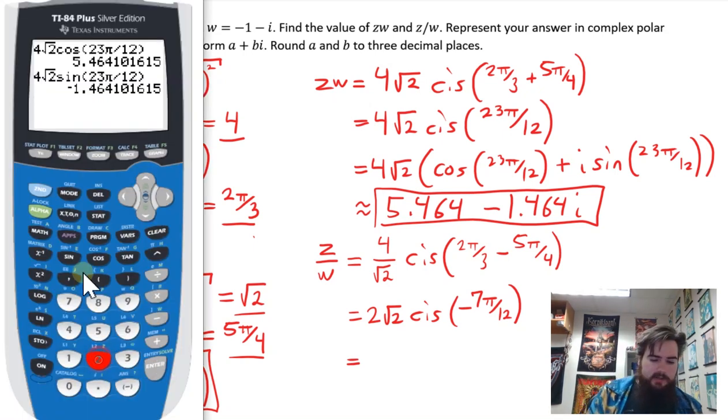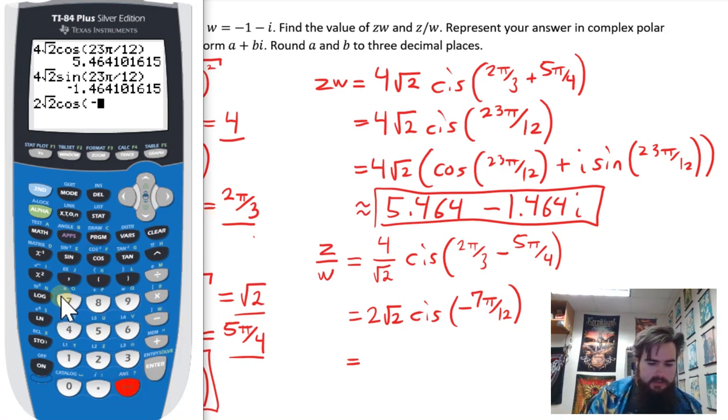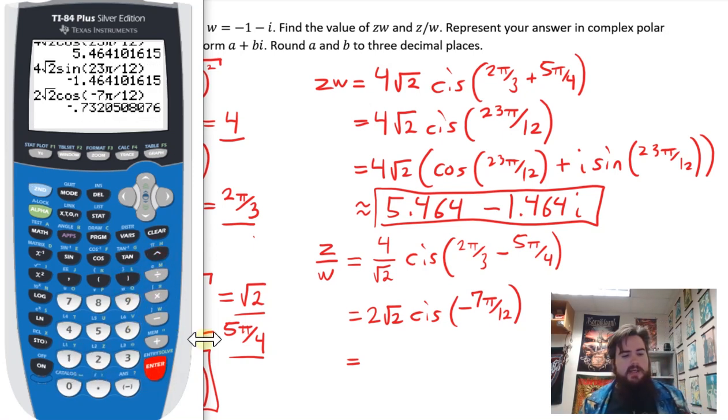So this would be 2 square root of 2 times cosine of negative 7 pi over 12. That would be an angle measure in quadrant 3, so I expect a negative value from this. Negative 0.732.